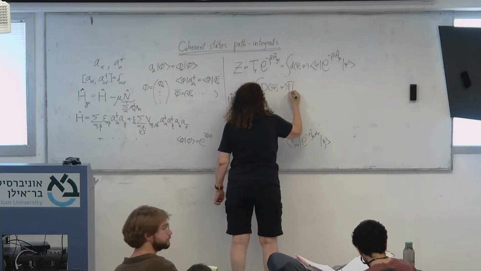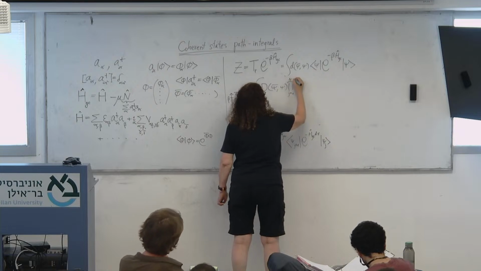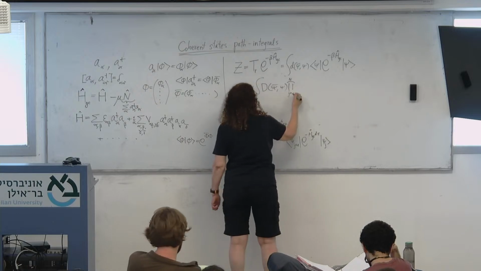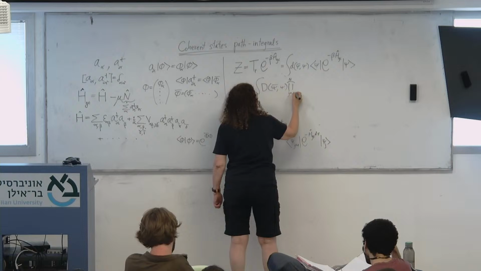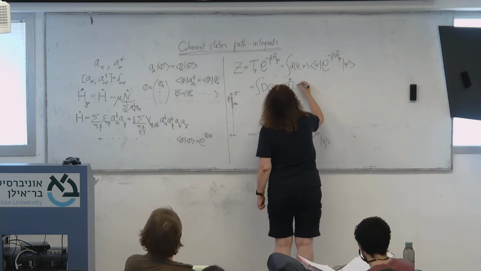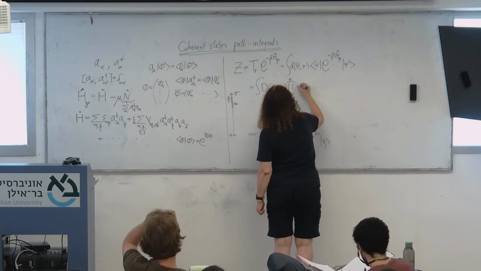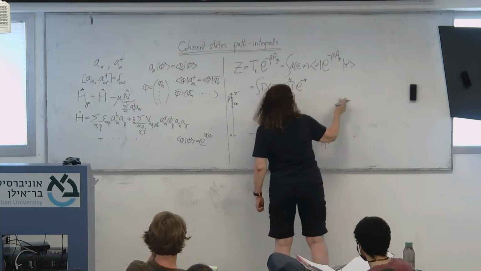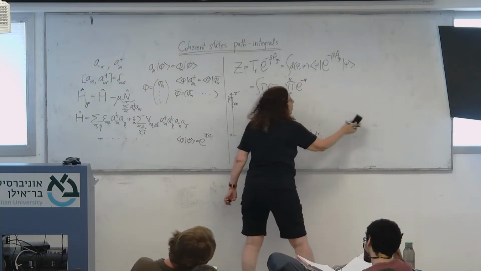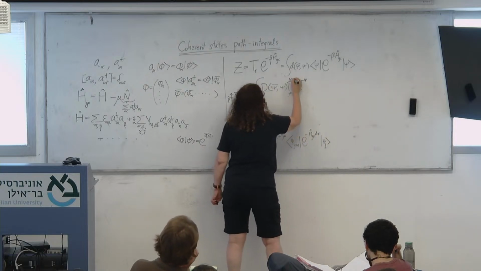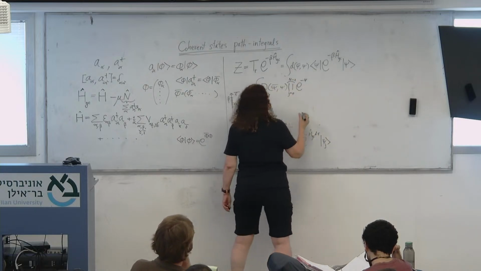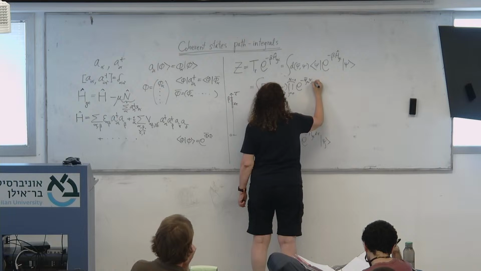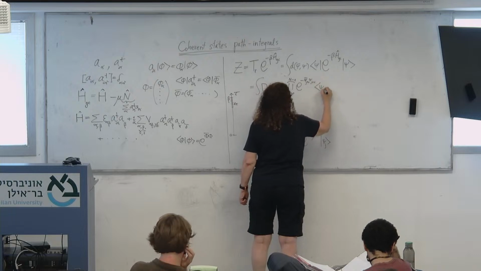It's a product of j going from 1 to N of e to the minus psi, actually, sorry, let me write it like this so it will look more nicely: psi j plus 1, psi j plus 1, and then this matrix element.